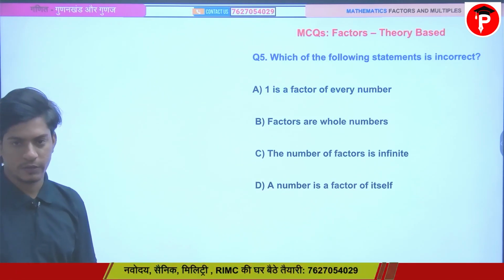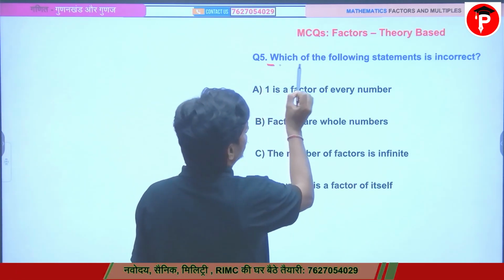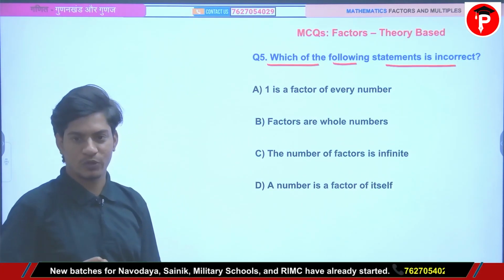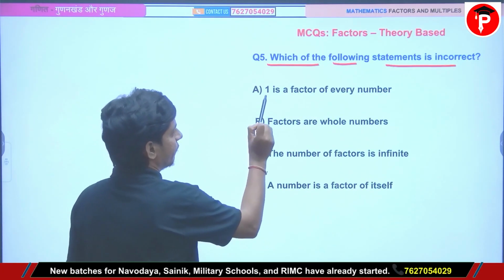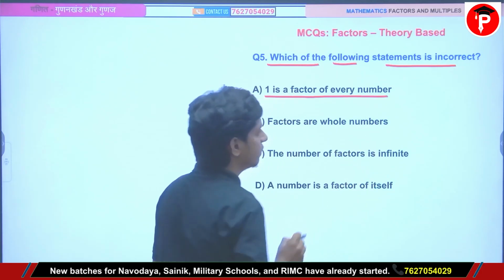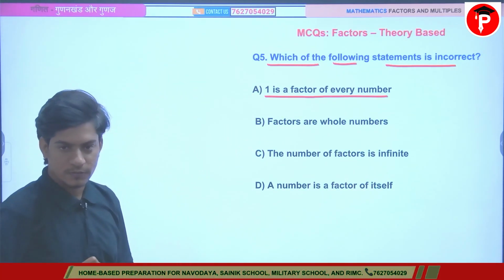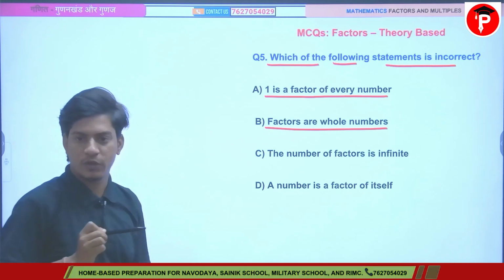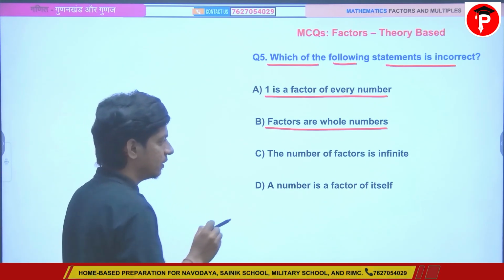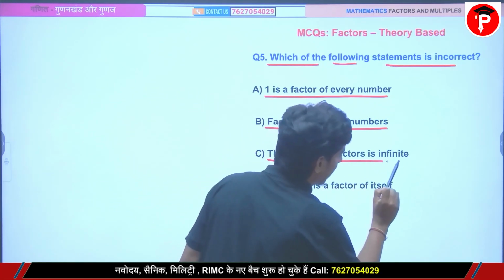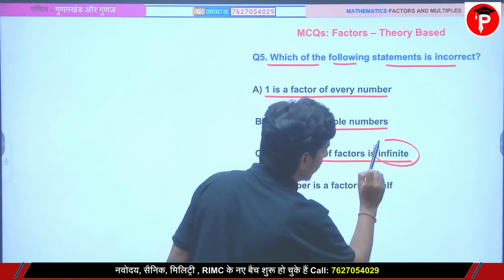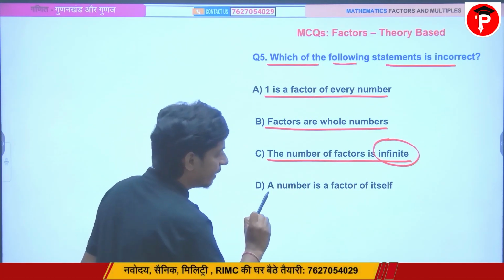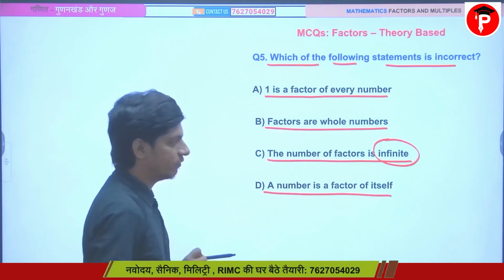Next, which of the following statements is incorrect? Yes, one of the most important questions. 1 is a factor of every number. Just think. Factors are whole numbers. Whole numbers means 0, 1, 2, 3, 4, 5, 6, just like this. The number of factors are infinite. Here the word infinite is given. In D, a number is a factor of itself.